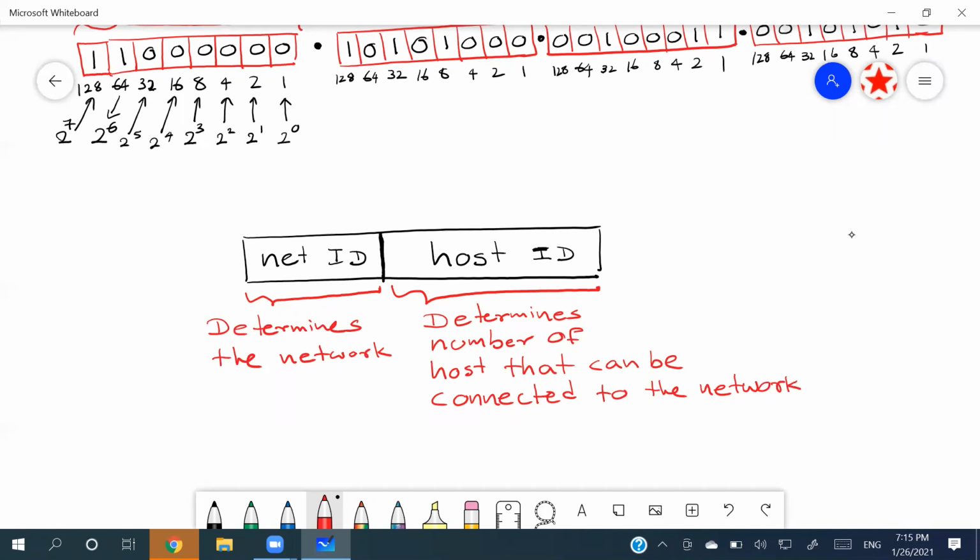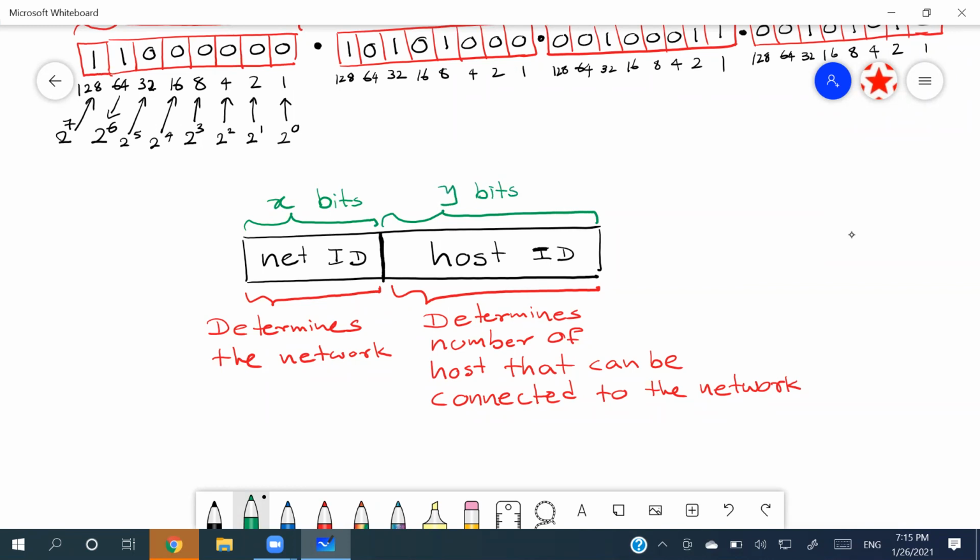Since we don't know how many bits there are, we can say there can be X number of bits for the net ID, and Y number of bits for the host ID.